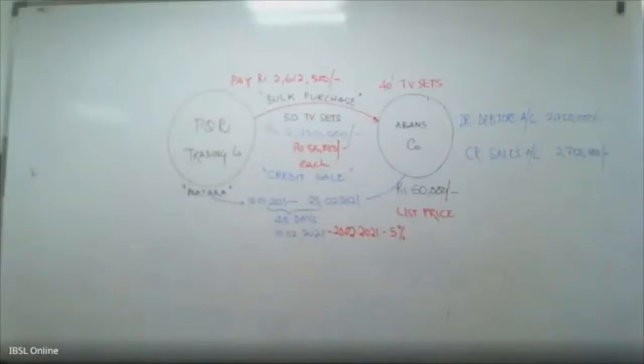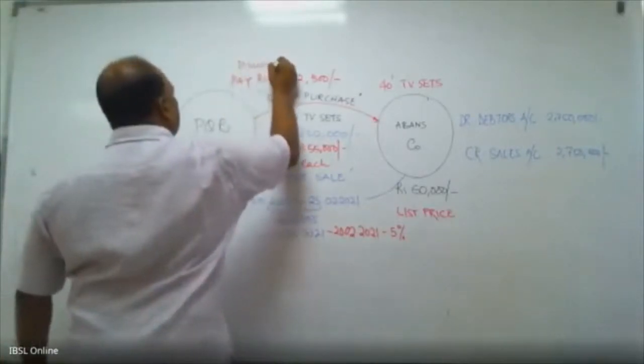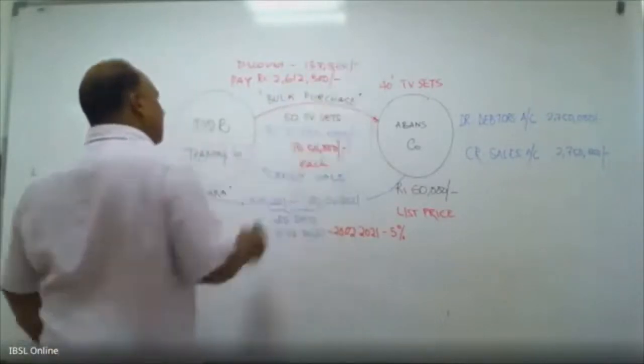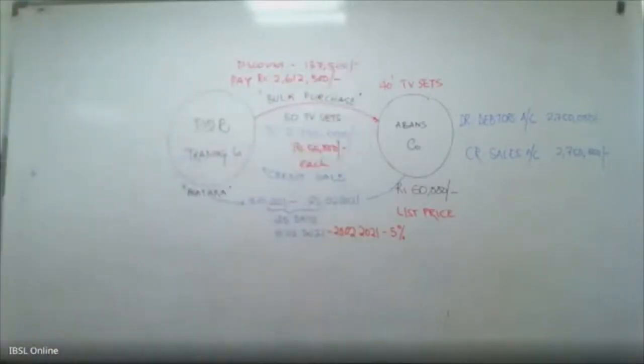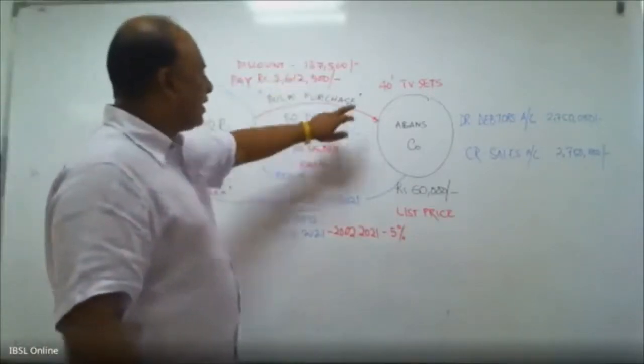That is some amount which is about 137,500. A discount of 137,500, which is a larger sum as far as the company is concerned. So if you really look at it, another 2,750 rupees per TV set.